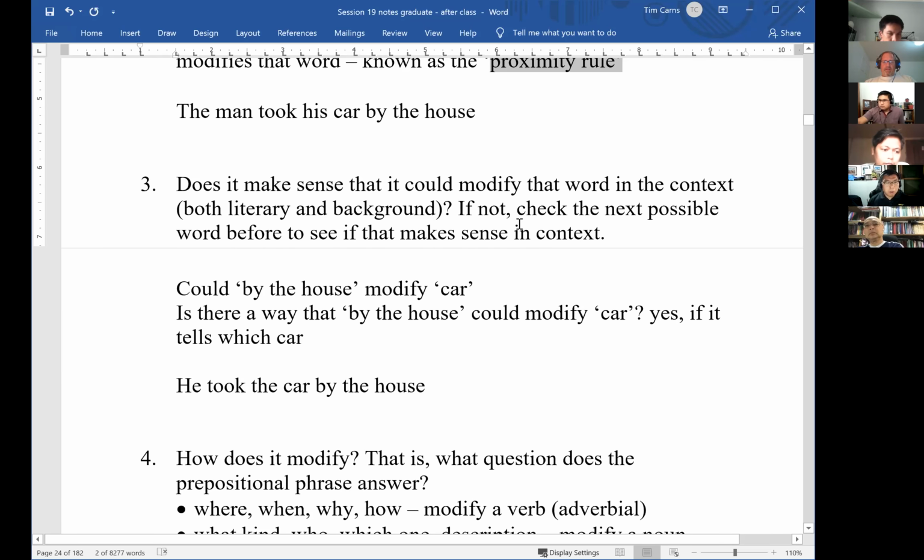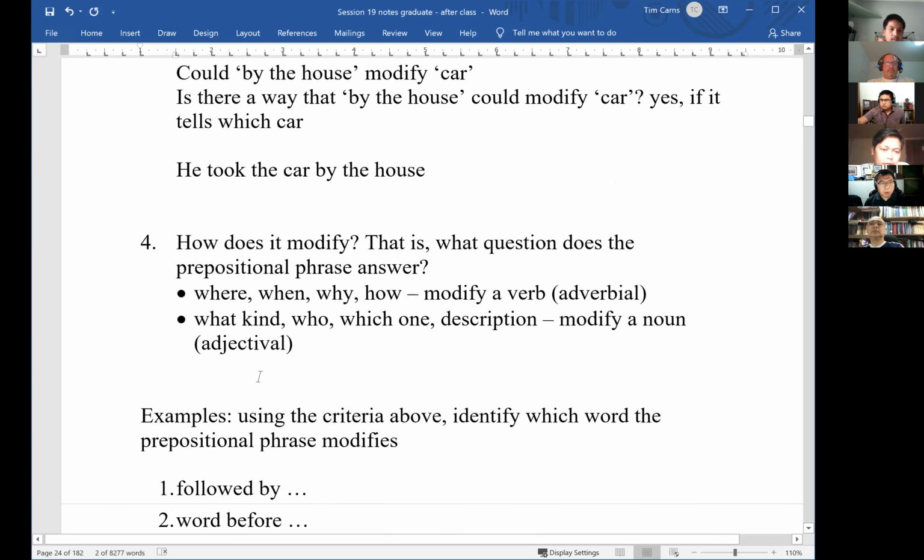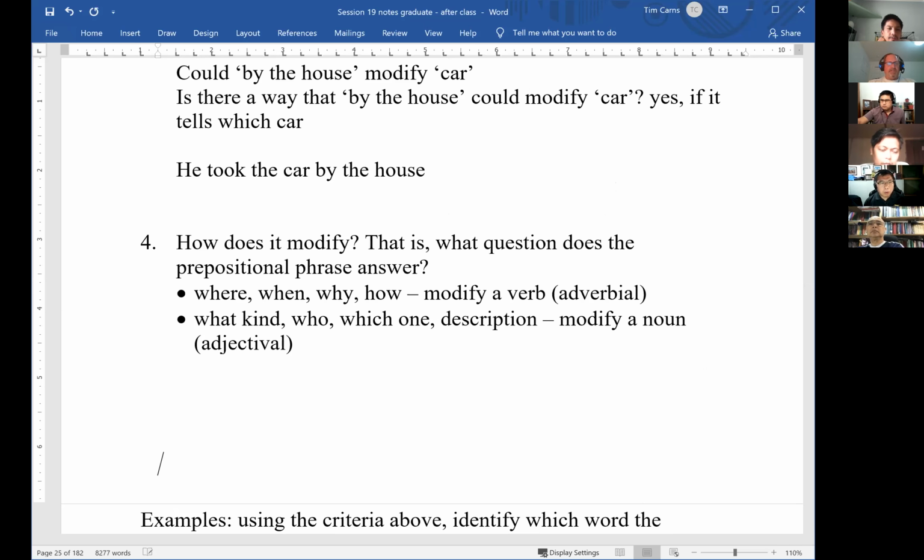Okay. And then the last question is how. In this case, you would say "by the house" modifies "car," telling us which car.